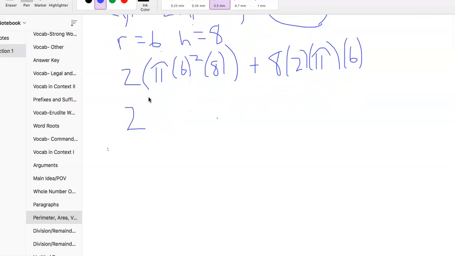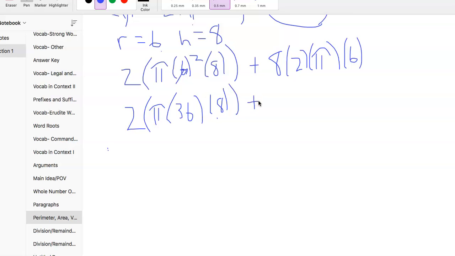So let's try to multiply this stuff out. Okay, so we have the pi. Let's do that. Well, we can put the pi in there. Okay, so I got pi times, right here, 6 squared. That's 36. Let's throw that 8 on there, since I don't know what 36 times 8 is off the top of my head.